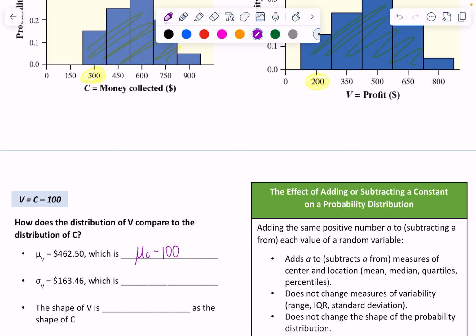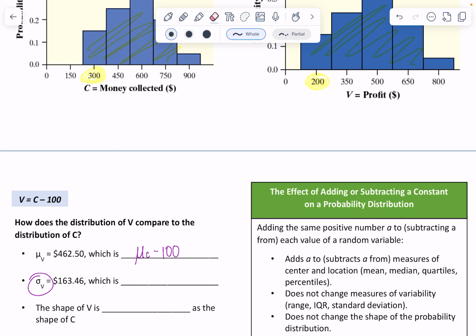Mean is affected by when you add and subtract, and if we were to multiply and divide, it would be affected by everything. Standard deviation, however, is not affected by adding or subtracting. So this new standard deviation should be the same as your old one.